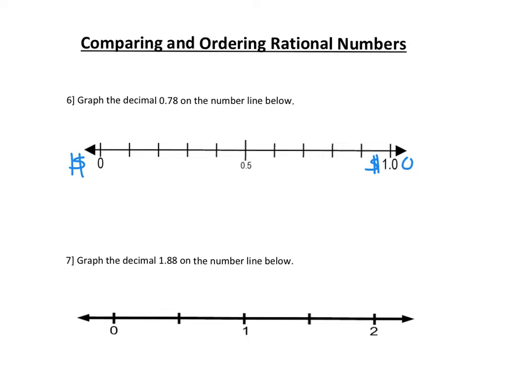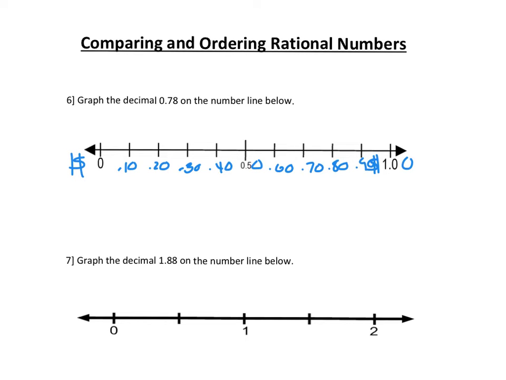And in the middle, exactly half a dollar would be 50 cents. So remember, we talked about we could skip count by 10. So this would be 10 cents, 20 cents, 30 cents, 40 cents. 50 cents is already labeled, right? 60, 70, 80, and 90 cents.